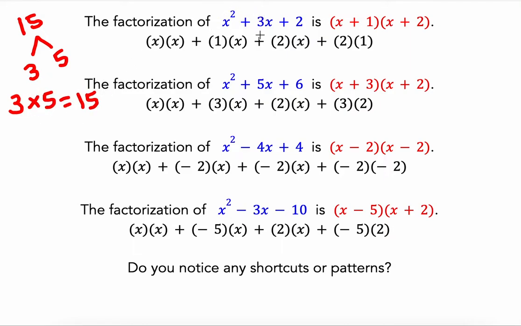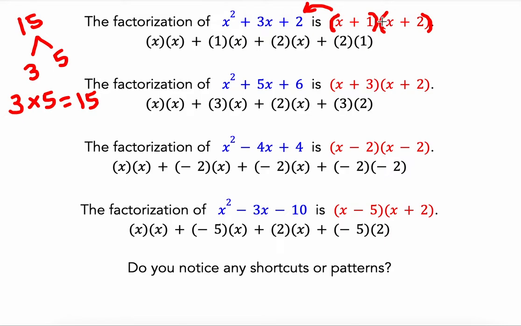Similarly, with quadratic expressions like these in blue here, we can factor them into their factors so that when they are multiplied back together, like x plus 1 times x plus 2, the product is actually the original quadratic expression.